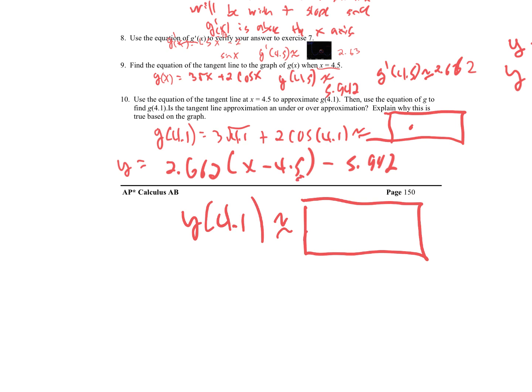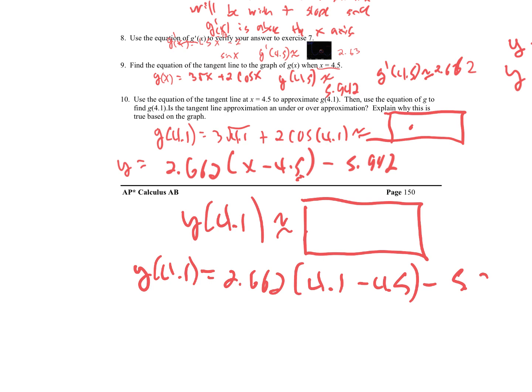That will be y of 4.1 equal to 2.662 times 4.1 minus 4.5 minus 5.942. So I'll be right back.